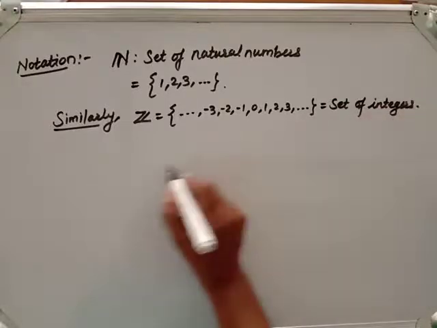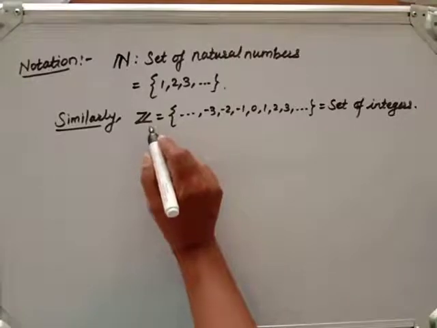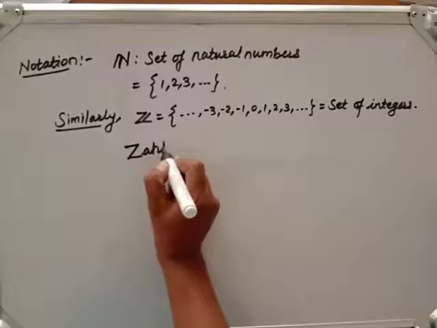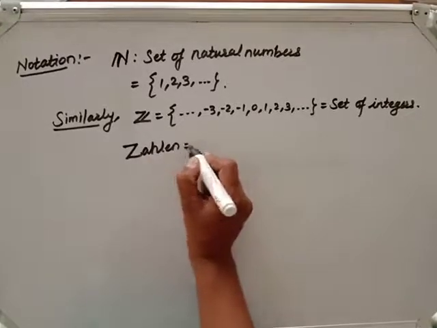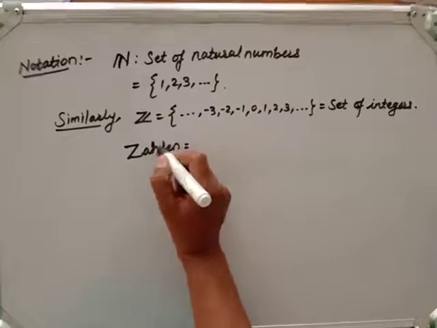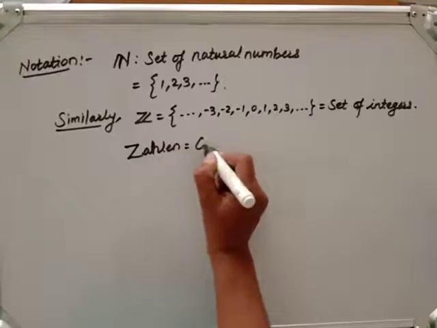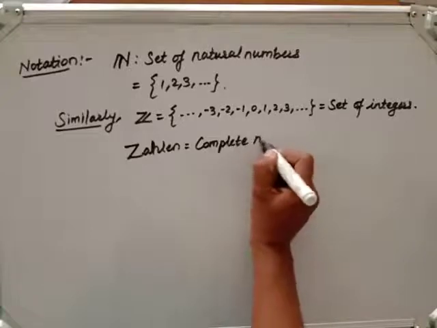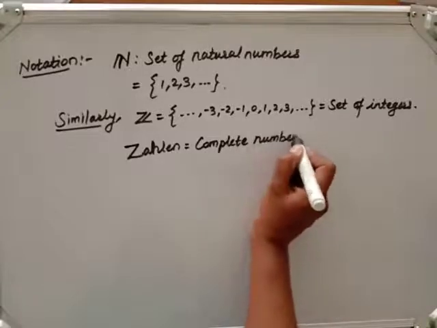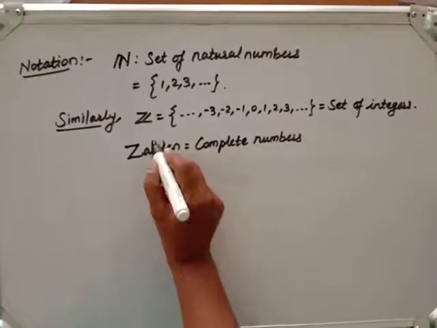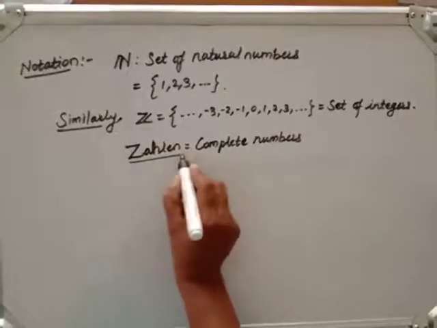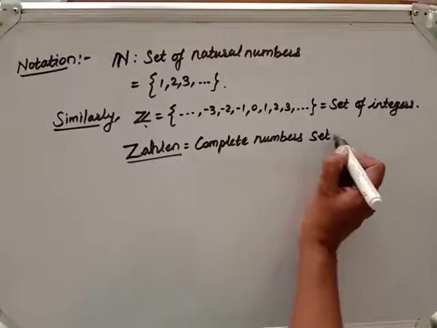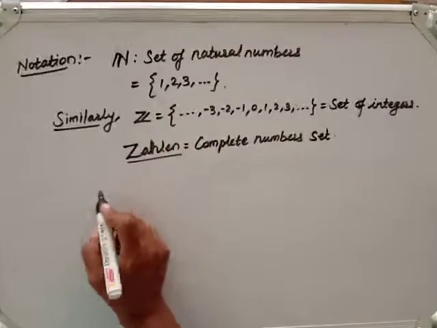This Z comes from the word Zahlen, which is German. In German, it means whole or complete numbers. From this Zahlen, the Z has been taken from the German language.